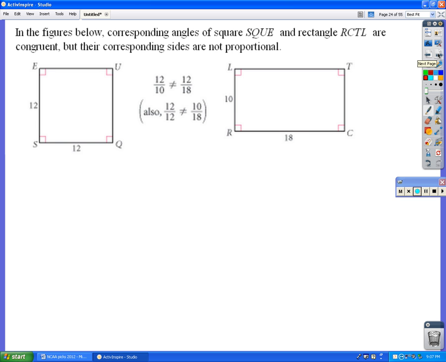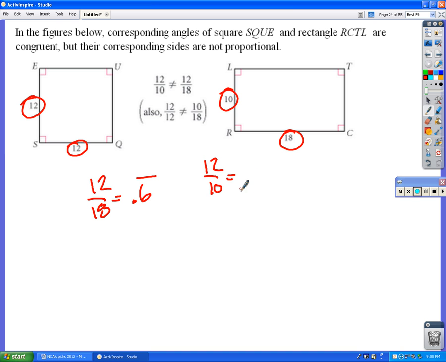So for example, if I look at this rectangle right here, or this rectangle and this square, obviously all of the angles are the same because they're all right angles, but the sides are not proportional. So if I take this side right here and divide it by that, 12 divided by 18 is 0.6 repeating, and then if I compare that to what I get if I go that side there divided by that, 12 divided by 10 is 1.2.